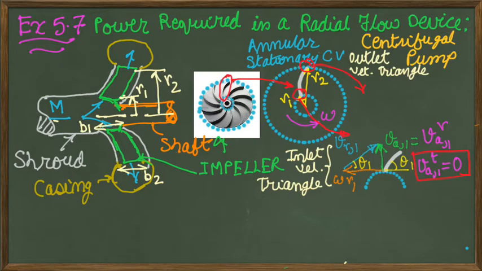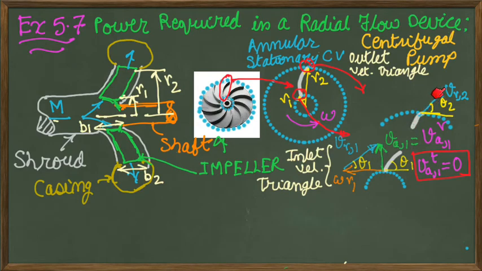Similar to what is shown here, theta 1 is the blade tip angle, which is the angle of the tangent of the blade from the tangent of the circle on which it is attached. So this is the tangent of the circle corresponding to the blade, and this is the tangent to the blade.